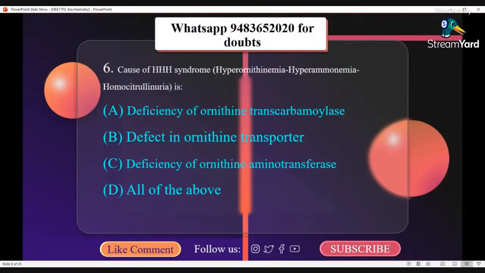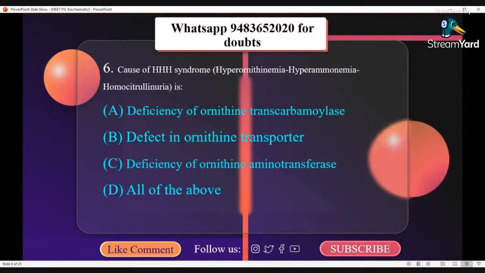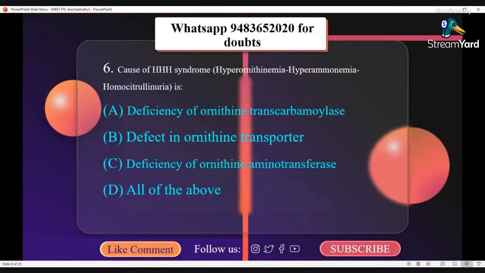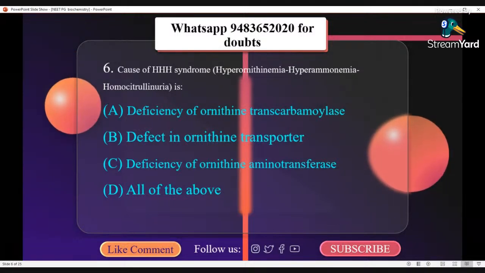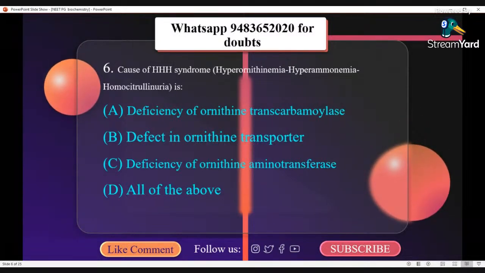Cause of HHH syndrome: hyperornithemia, hyperammonemia, homocystinuria. It is due to defect in ornithine transporter.